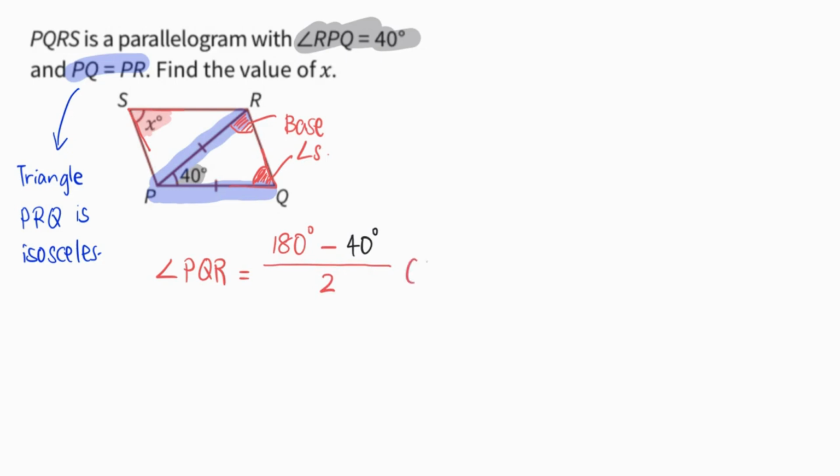So for this one, I just need to indicate that this is because of the base angle of an isosceles triangle. And this will give me a value of 70 degrees.